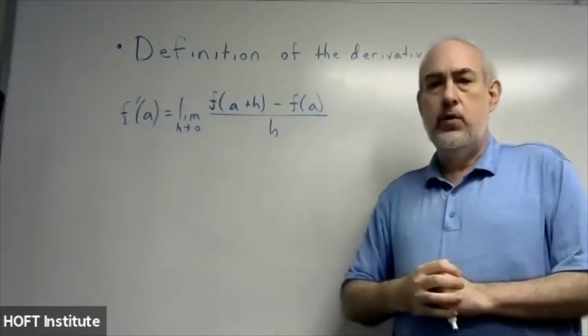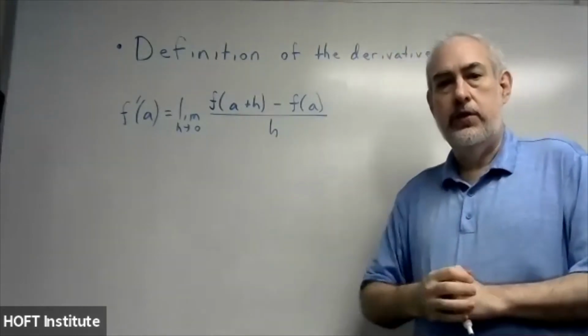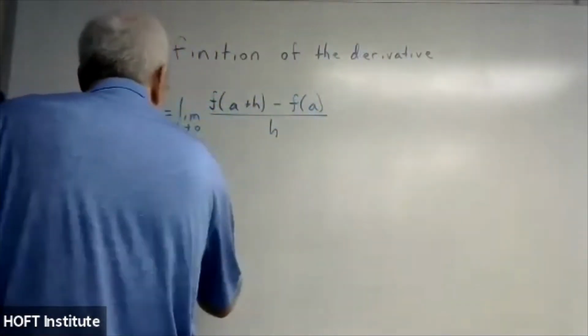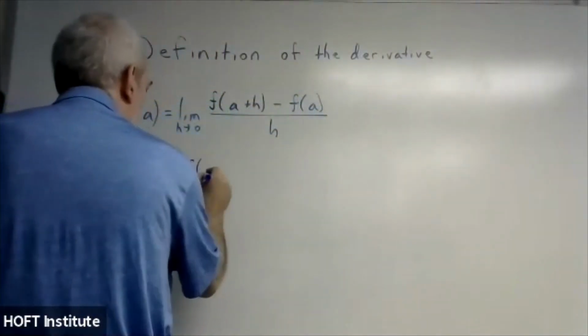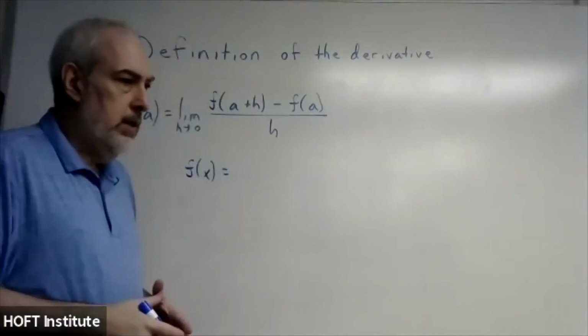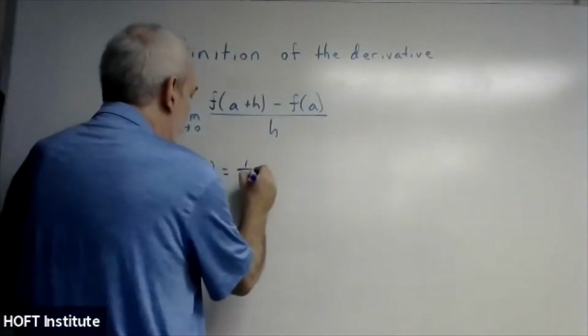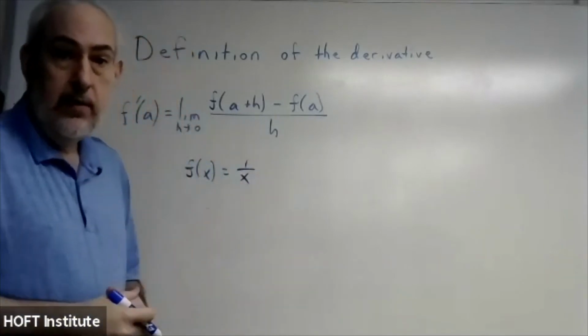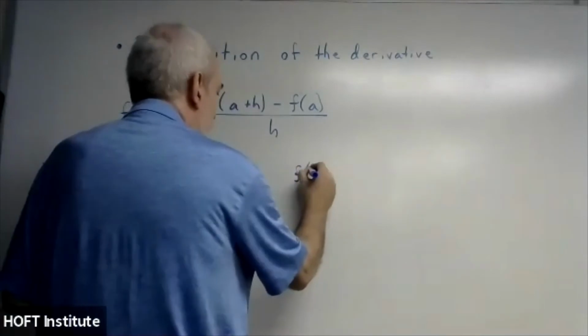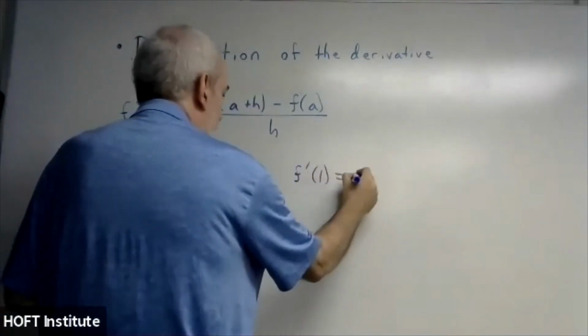Let's really quickly do one example using this definition of the derivative, and then we're going to call it a day. Let's say our function is, okay, I've already done x squared, let's say 1 over x. I haven't done one that is a fraction yet. And let's say we're trying to compute the derivative at 1.